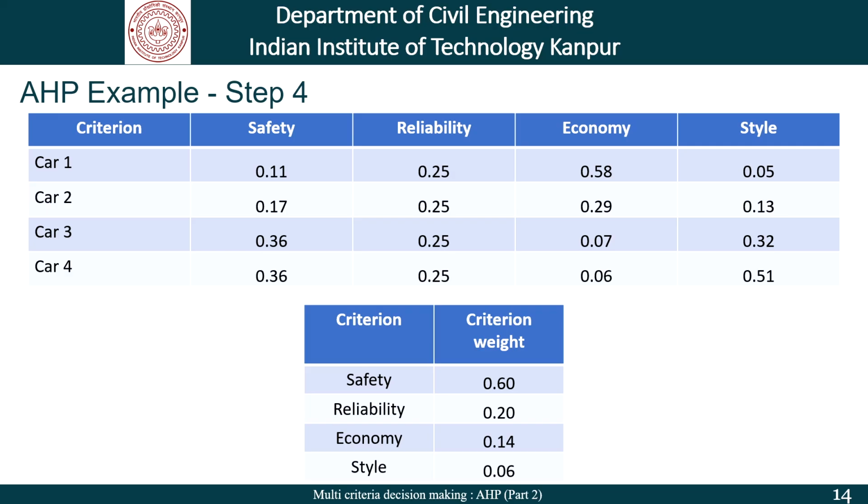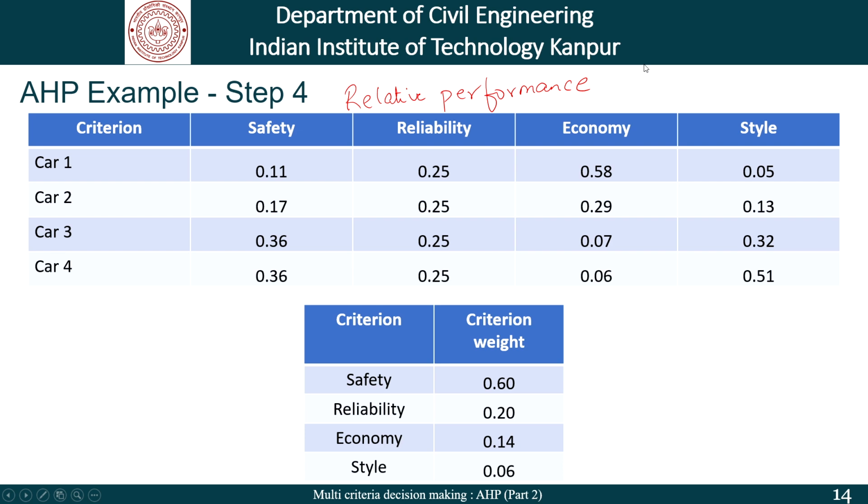So, till now we have the relative performance of each alternative, and we also have the criteria weights. That is, for each car, car 1, car 2, car 3 and car 4, we know the relative performance of each of these cars when it comes to safety, reliability, economy and style.